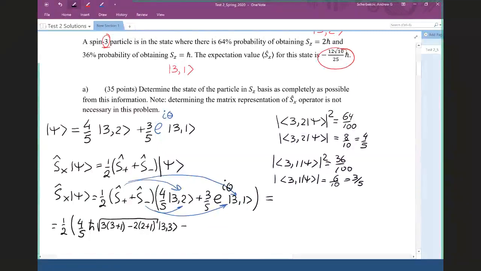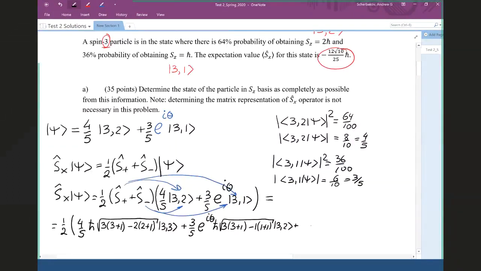Plus, now the raising operator applied to state 3/1. First I would write the coefficients. Applying the raising operator to state 3,1, I get the square root of 3 times 3 plus 1 minus 1 times 1 plus 1, and I get state 3,2.